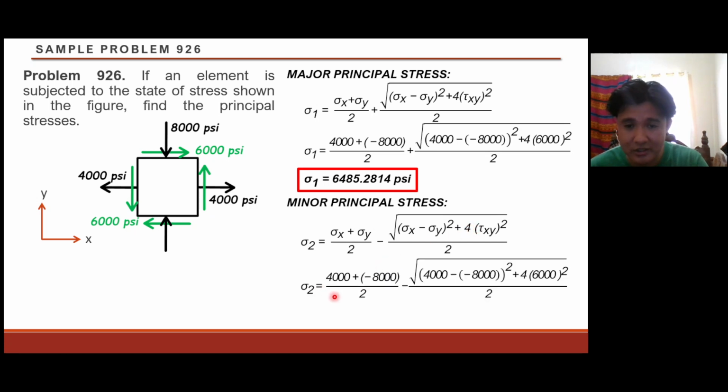So, substituting the values, we have 4,000 plus negative 8,000 all over 2, negative square root of 4,000 minus negative 8,000, quantity squared plus 4 times 6,000 squared all over 2. So, yung sagot natin for the minor principal stress should be, pakisend ulit sa chat.